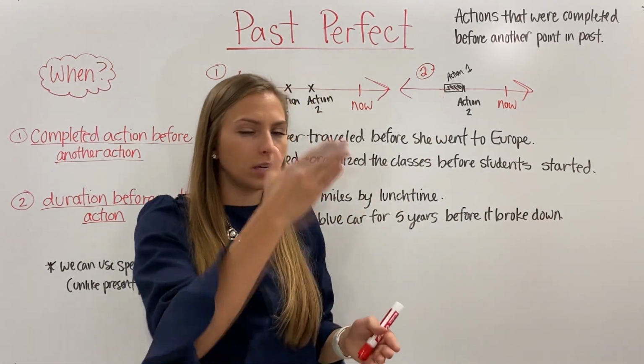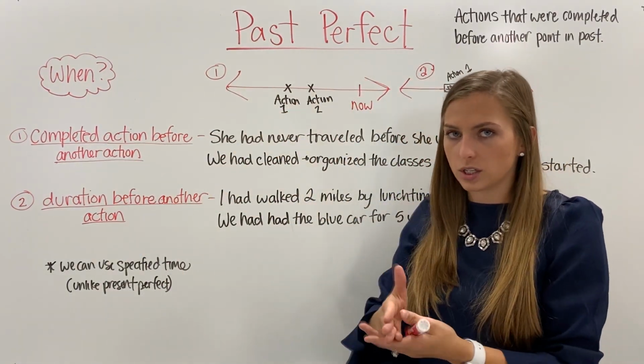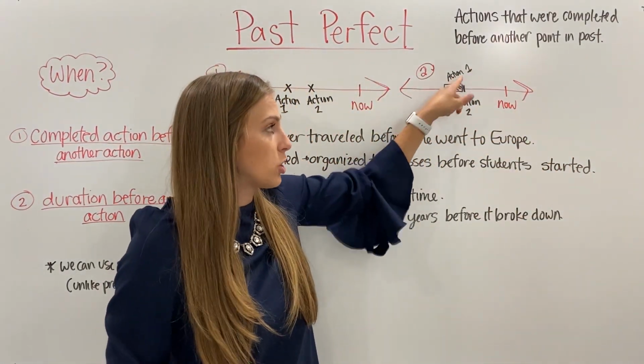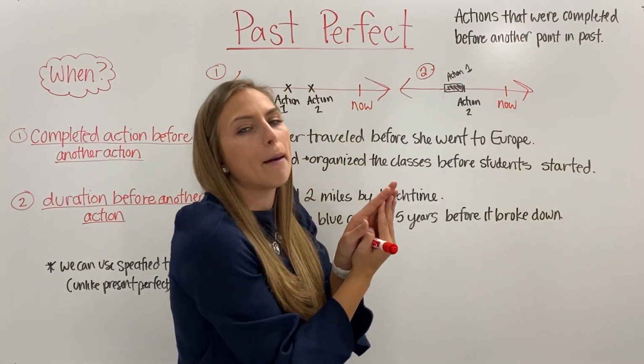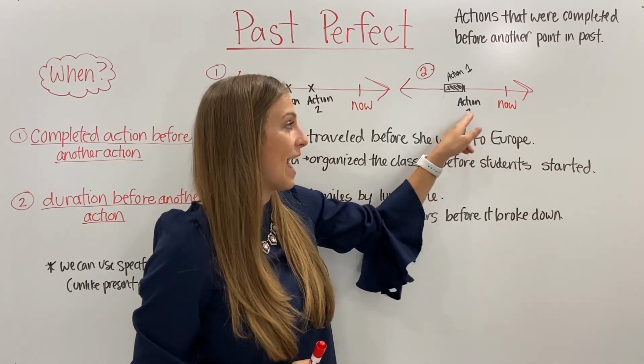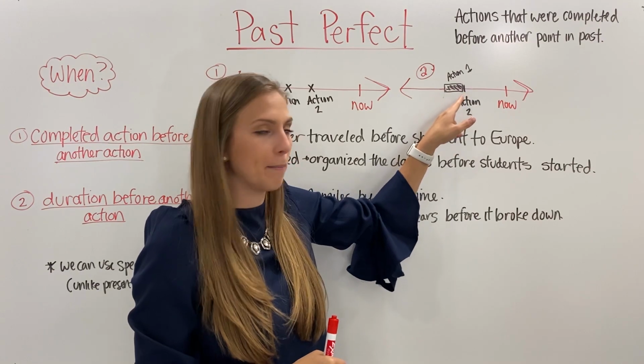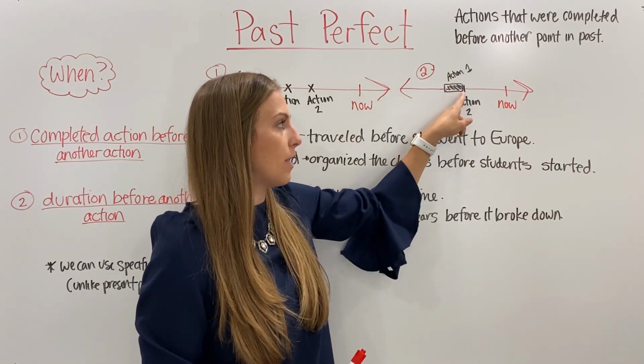So instead of it being just one action, like this was just one action, this action is drawn out, right? It happened over a period of time, but it stopped when action 2 happened, okay? By the time action 2 happened, it stopped. So that is the difference.